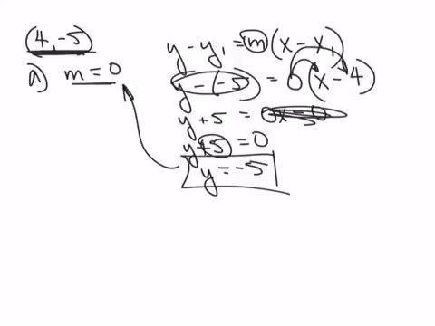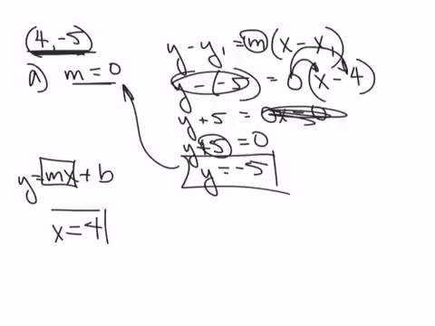When there is no slope, you cannot use the point slope form because you're supposed to find the slope. So if there's not a slope, we don't have really much of an option there. So y equals mx plus b doesn't exist. So what we get is just x equals 4.